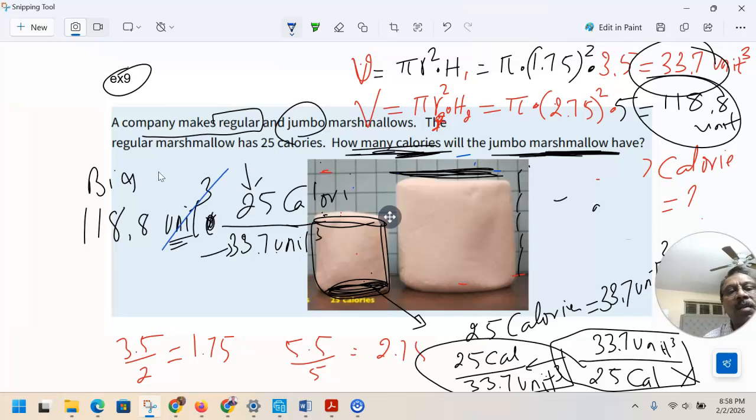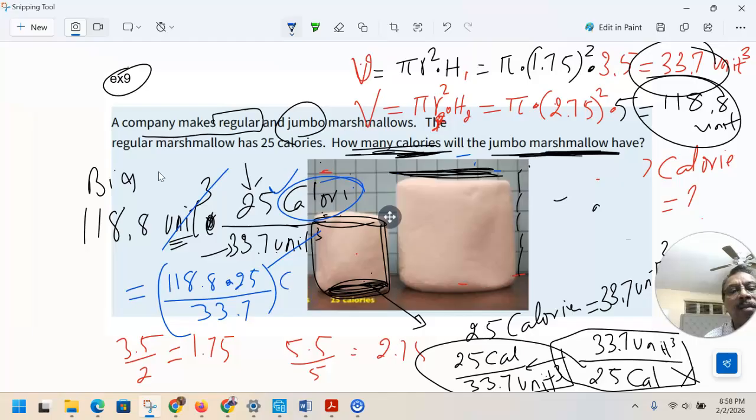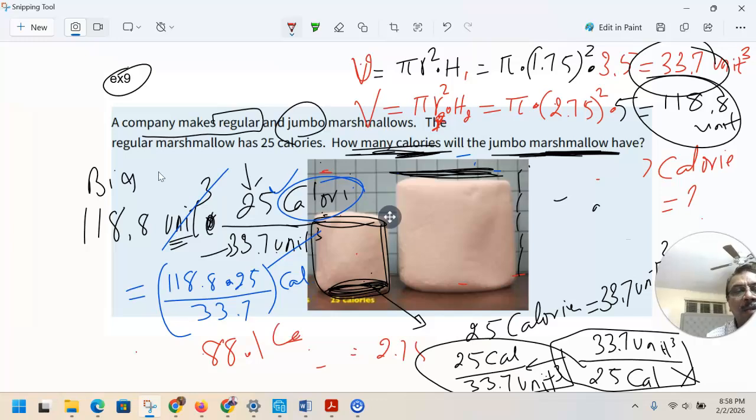So we can cross out unit cube, and what you are left with is 118.8 times 25, divided by 33.7. This whole thing will be in calories. With the help of a calculator, you will get the answer, I think it is 88.1 calories.